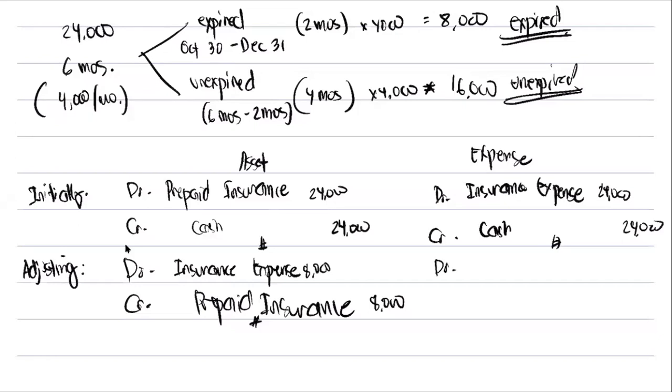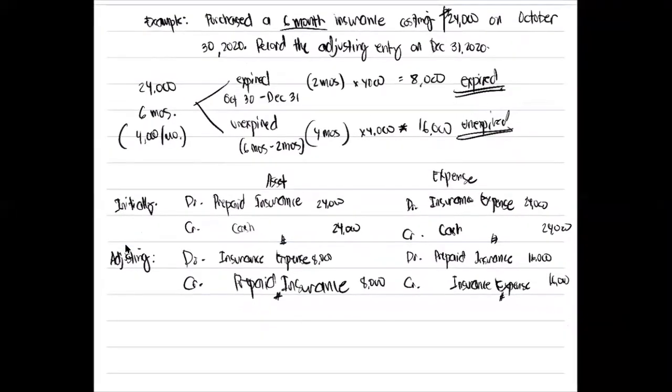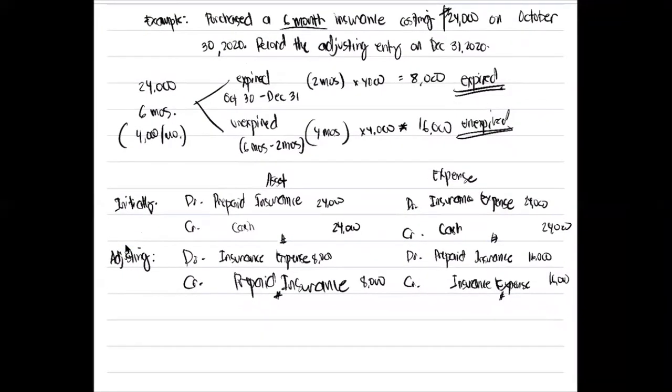We should debit an asset, so we debit prepaid insurance. We credit our insurance expense. Next question, at what amount? At the unexpired amount. So our unexpired amount is 16,000 pesos. So we're done now preparing for this particular example under asset method and under expense method.